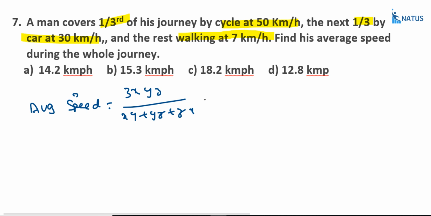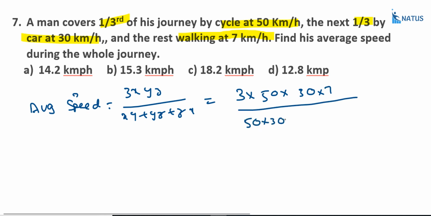Now this is equal to 3. Let us take 3 kilometers, so it is 3 into 1 into 1 into 1. Here x, y, z are the speeds in kilometers per hour. So 3 into 50 into 30 into 7 by xy, that is 50 into 30, plus yz, 30 into 7, plus zx, 50 into 7.